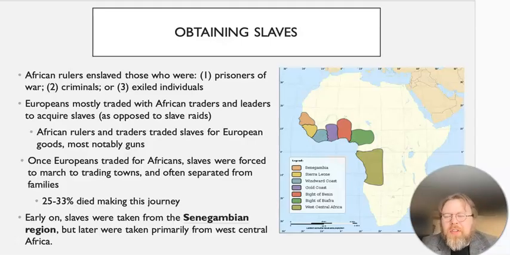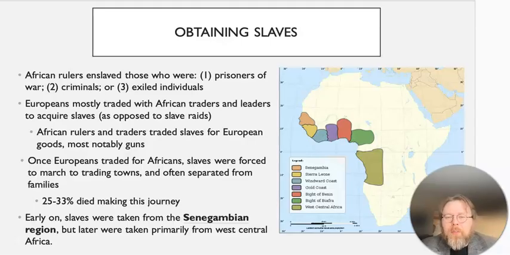The Europeans, for the most part, are trading with Africans directly, as well as their leaders, to acquire slaves, as opposed to engaging in slave raids. It sometimes happened, but the reason that the Europeans shy away from slave raids is not because they suddenly become more humanitarian. It's because slave raids were incredibly inefficient. They were time consuming.